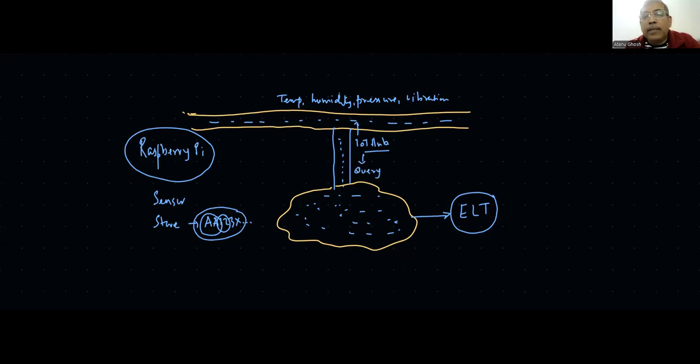And this query is done through something called a stream analytics job. This stream analytics job will push the data into the data lake, and then from the data lake, you can process the data through ELT. That's what we'll try to do over here. So let us see how this can be done.